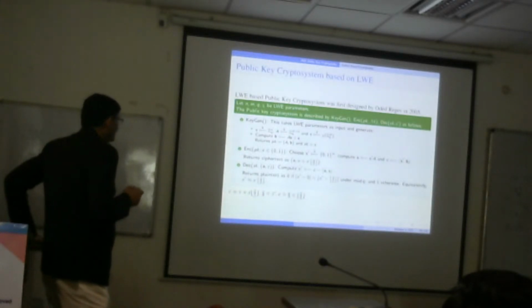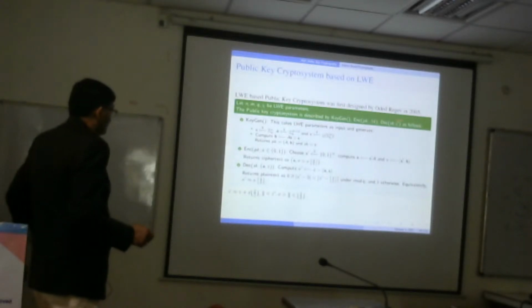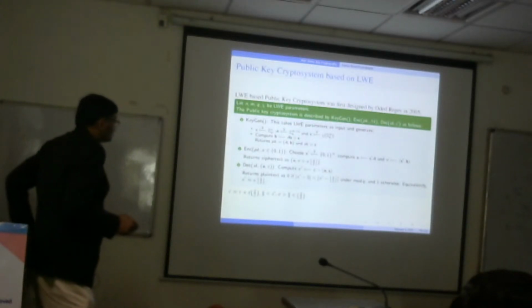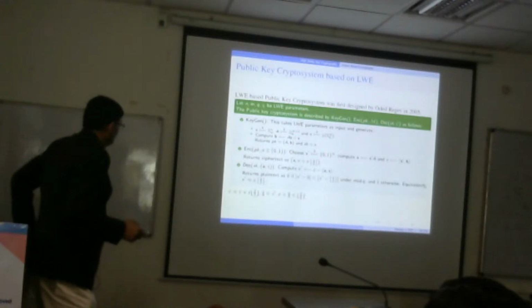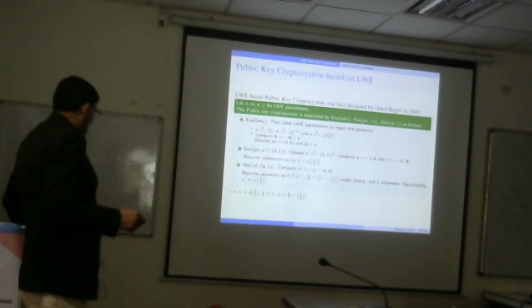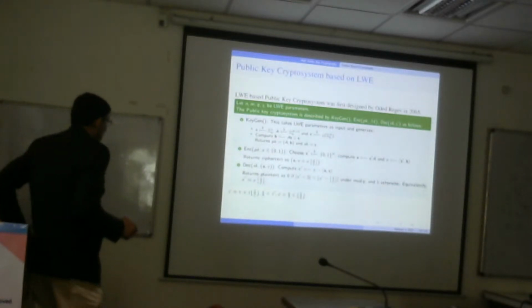This is the first crypto system, LWE public key crypto, designed by the author Oded Regev in 2005. Okay, so how does it work? We take a random vector S over Z_q, of dimension n.